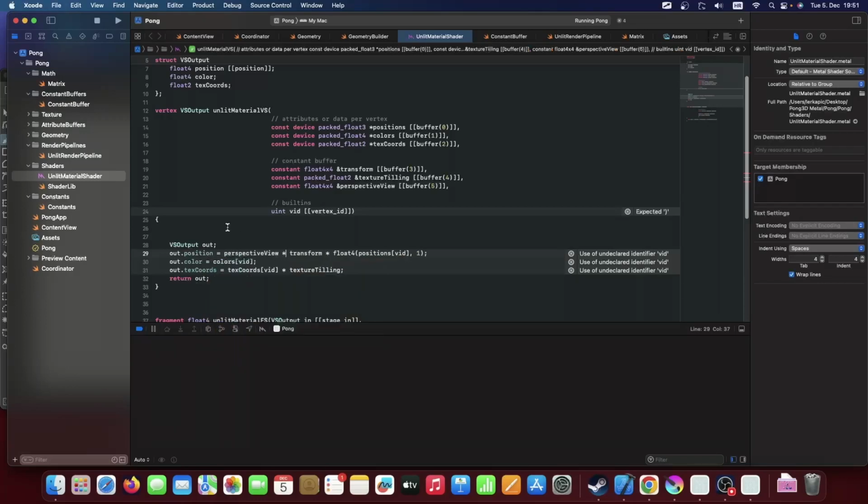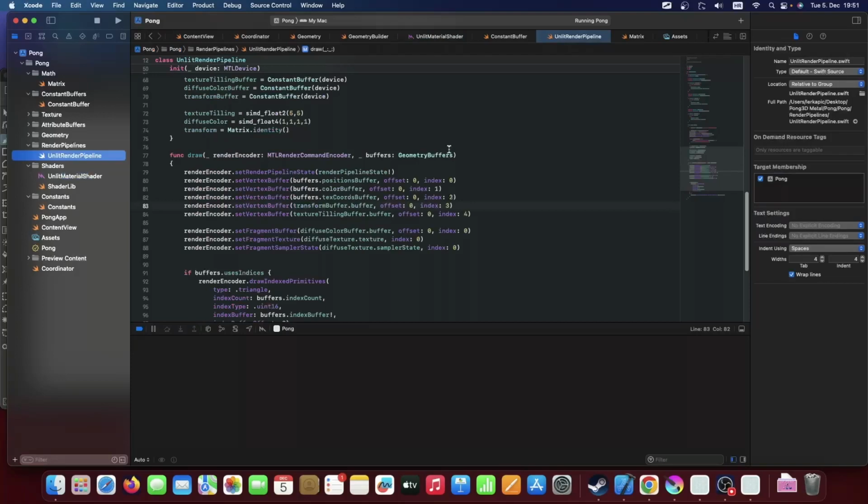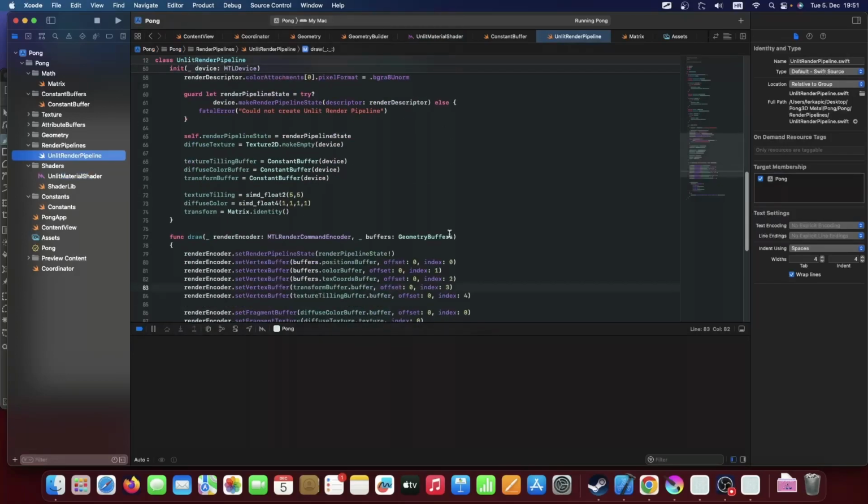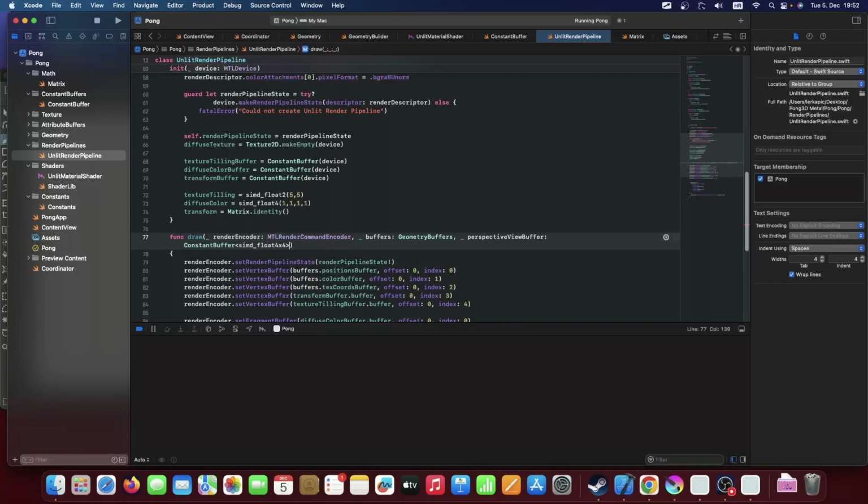times this. Good. Then in our unlit render pipeline, and actually it's not going to be part of the render pipeline, it's something that we're going to pass in because it's going to be later part of the camera setup, not for now. Perspective view buffer, and it's going to be of type constant buffer, and it's going to take the float4x4 that represents our matrix.